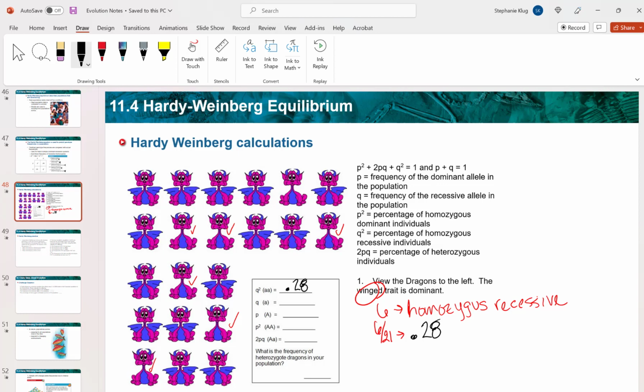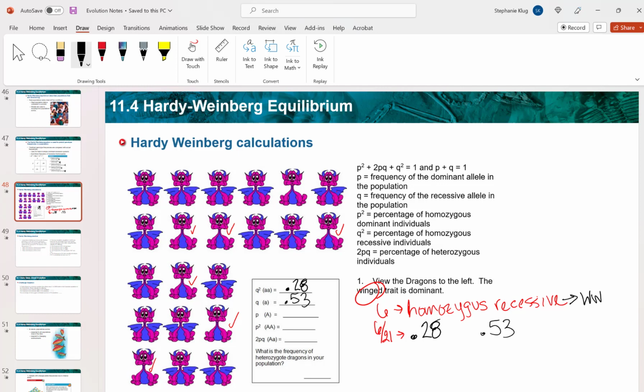Now, if we want to know what Q is, we have to get the square root, because the square root is the opposite of being squared, right? These are homozygous recessive individuals, which means they have, let's say, 2 little w's. We want to know the frequency of just one little w, so we take the square root: 0.53.